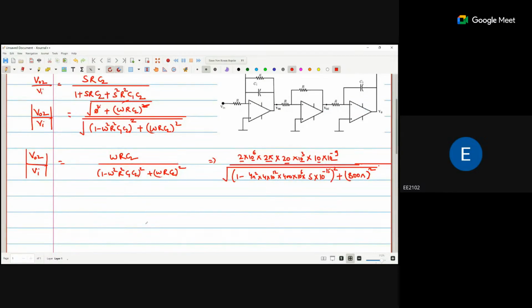Okay, if I solve the numerator, 9, 3, 6 will be cancelled out. So it is 200 and 800 pi divided by 800 pi square plus. Now if I solve this one, it is 12 plus 6, 18, and it becomes minus 15, so it is 3.